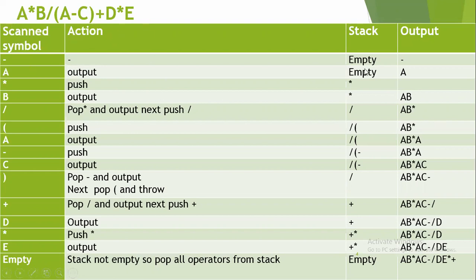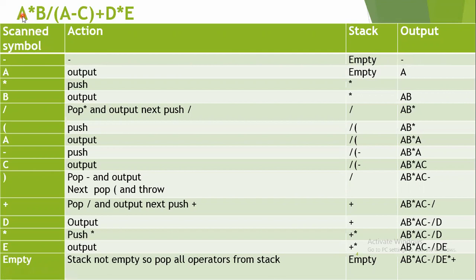After writing these 4 columns, you consider the stack initially as empty. The stack does not contain any operator, and the output window also does not contain any symbols. Now you scan the first symbol. Which is the first symbol here?